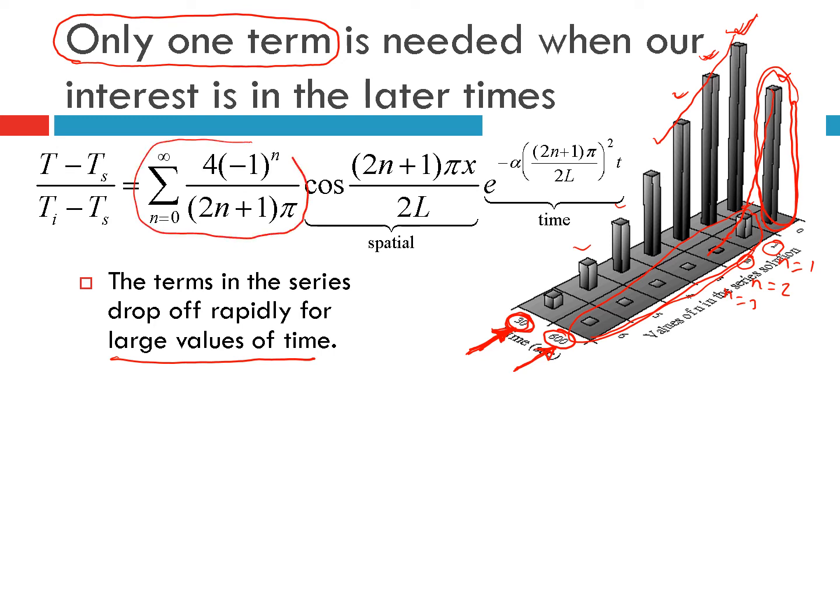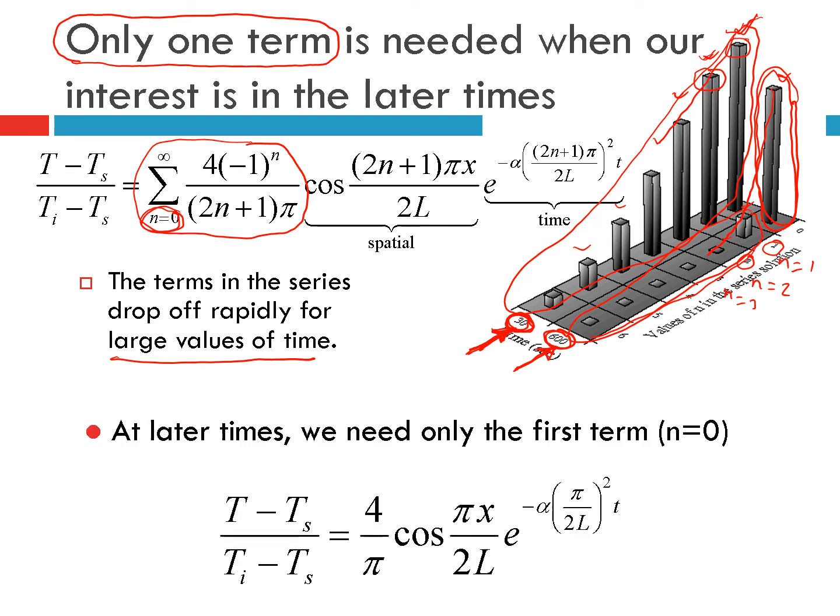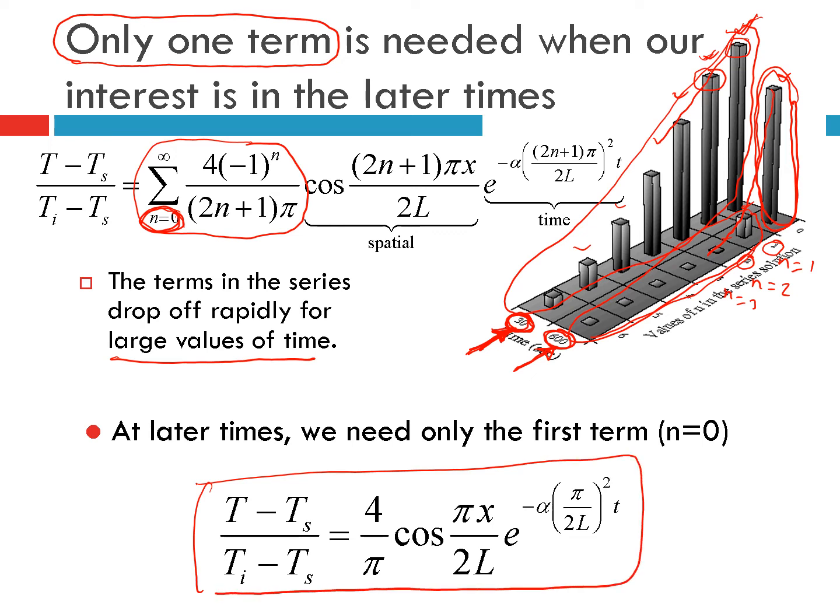I don't need all of these terms. I just need the first term, n equal to 0. I cannot do this for this case. For this case, this term is quite significant compared to this. So I cannot do it for small values of time, but I can do this for large values of time. So for large values of time, I just plug in n equal to 0 and I get the first term of the equation, and that's all I need here.